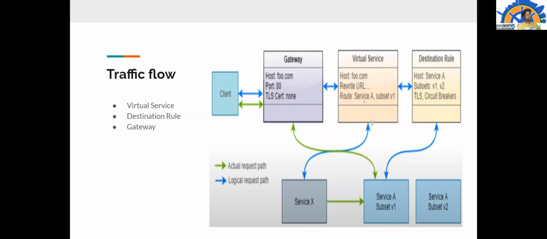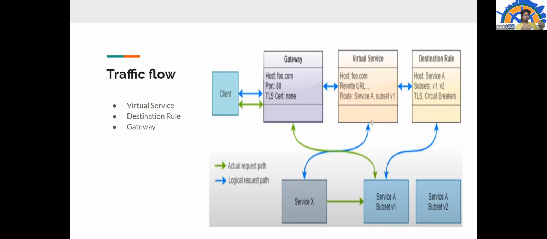The other thing is, the same service can have multiple versions. In scenarios like canary deployment or A/B testing, we can use this virtual service and have two services running side by side.